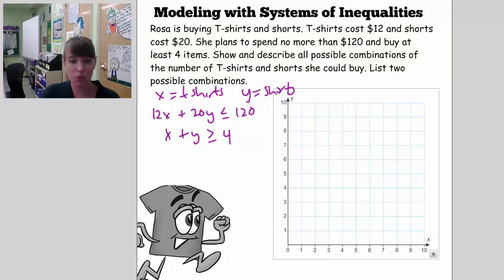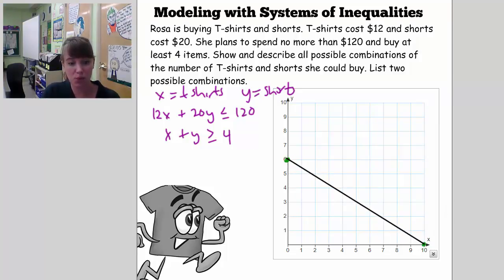Okay, so just quickly graphing this, the x-intercept here is 10, and the y-intercept here is 6. Right? So the boundary line goes between these two, and it is a solid line. Actually, it will just stay in quadrant 1, so I don't need arrowheads.